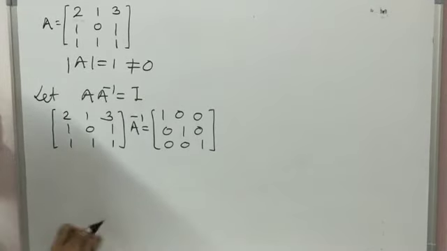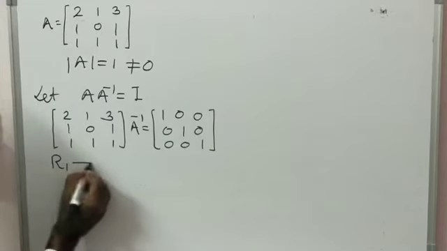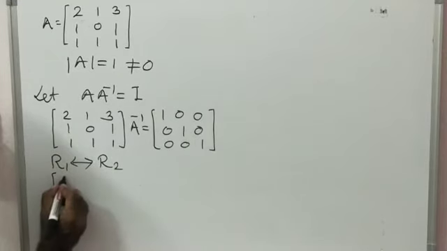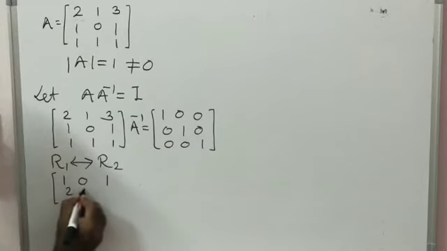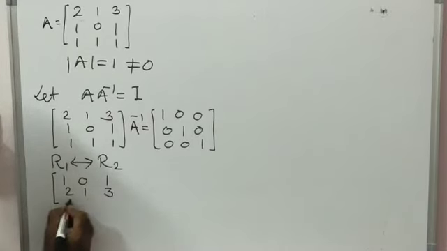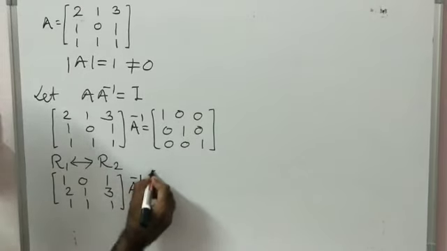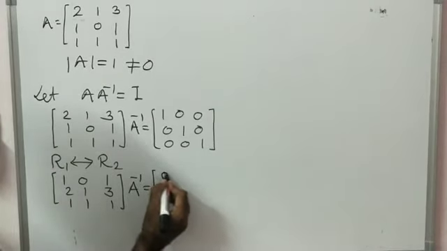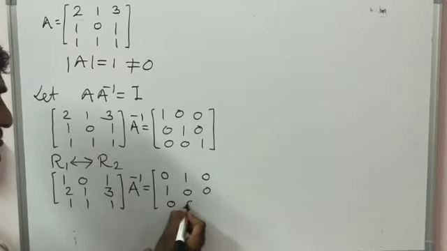There are many ways to get 1 here, but a very easy and convenient way is to interchange R1 and R2. Therefore it becomes 1 0 1, 2 1 3, 1 1 1, into A inverse. The same on the other side, R1 interchanges R2: 0 1 0, 1 0 0, 0 0 1.